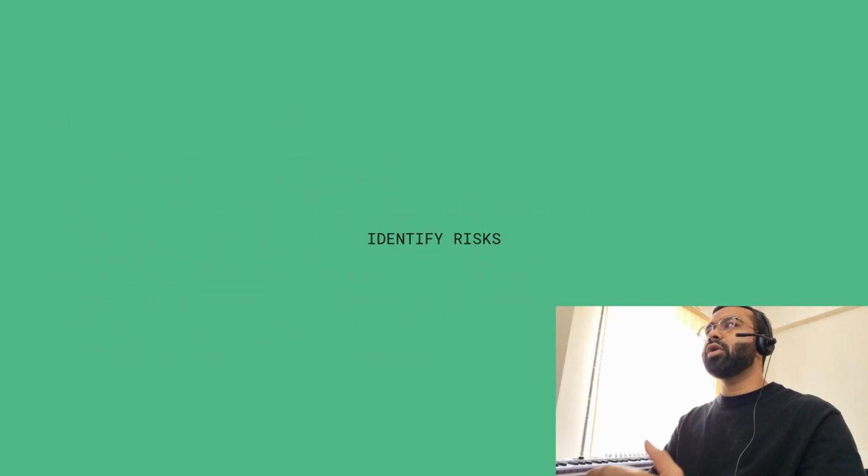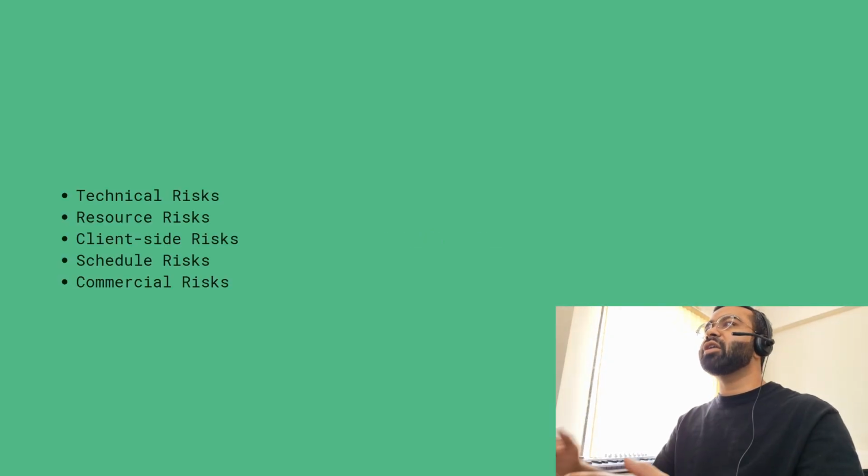In step 1, we identify risks. Where do risks come from? Technical risks: new technology we haven't used before, complex algorithms or architecture, integration challenges, performance requirements we are unsure about.